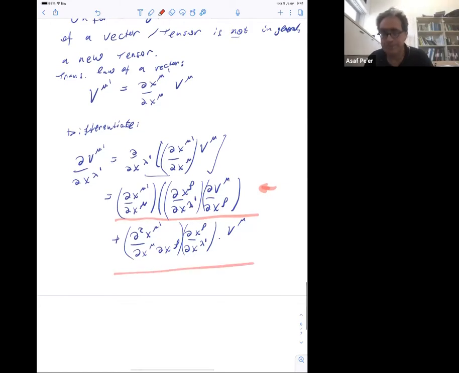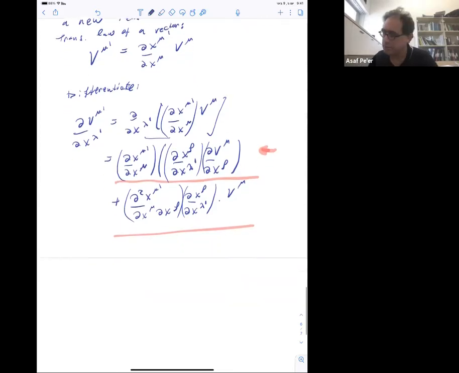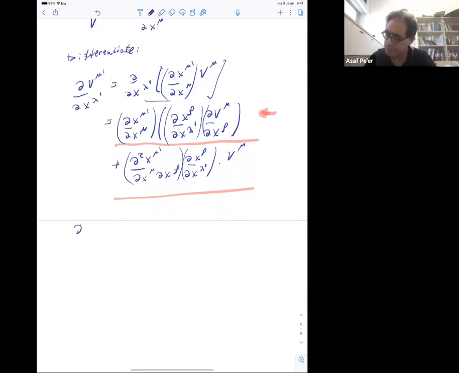But we also have the second term, which we cannot just ignore. And the second term is what prevents this partial derivative from being a tensor. It's quite a pity, because you wrote down in one of your problem sets the conservation equations, such as d mu T mu nu equal to 0, the ordinary equation. We cannot just use it as such. It cannot be used in curved spaces.